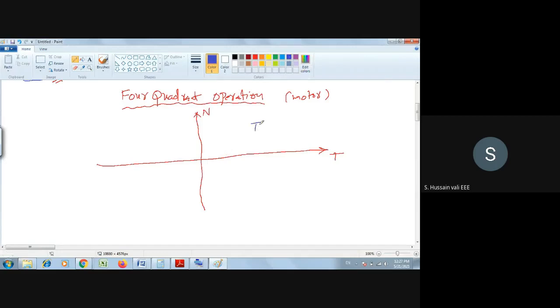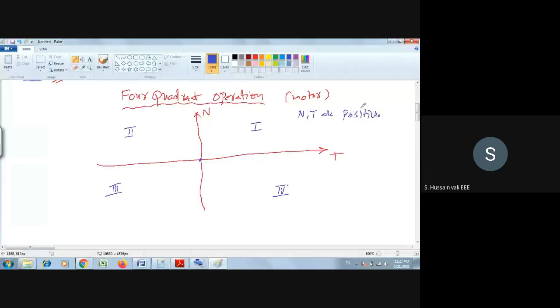First quadrant, second quadrant, third quadrant, and fourth quadrant. What do you find in the first quadrant? In the first quadrant, both speed and torque are positive.